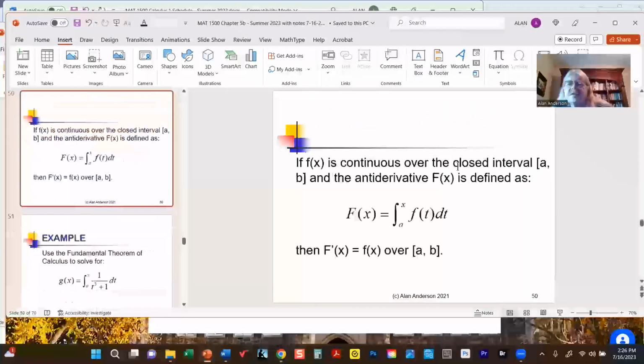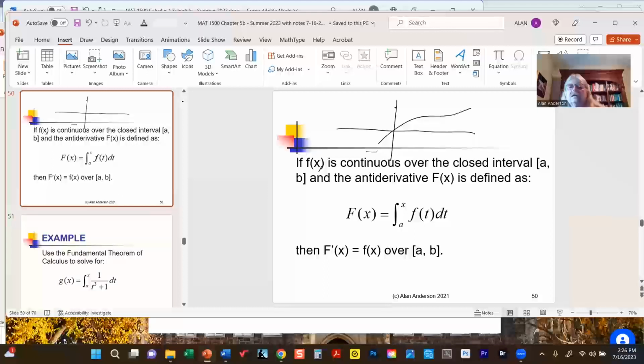But the first half of it says, if f of x is continuous over the interval ab, of course, we have already seen enough times that the area here is equal to the integral, and also don't forget the notation we're using is that capital F of x is the antiderivative or integral of f of x.